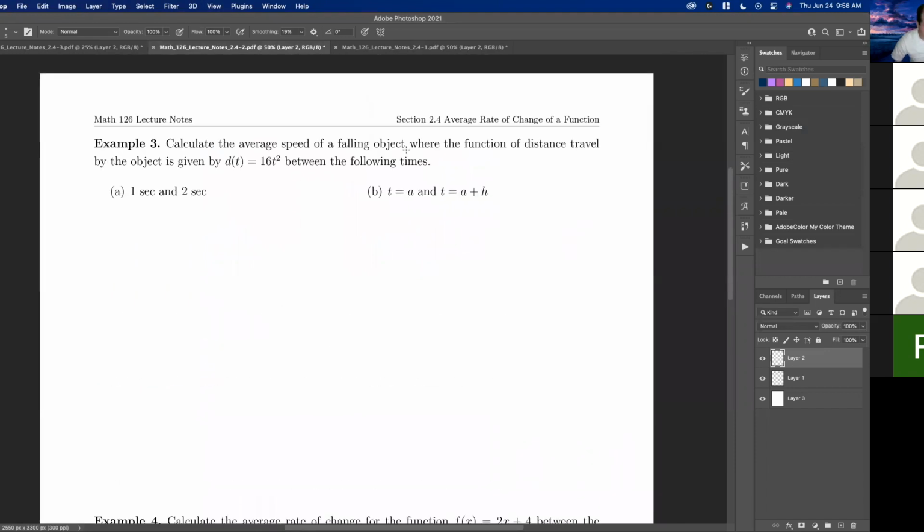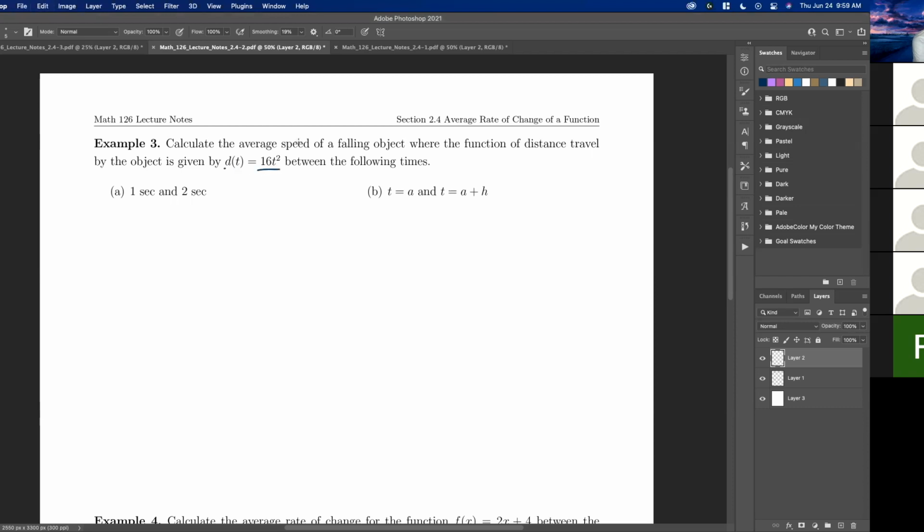All right, so here's almost a physics question. We're going to do average rate of change for 2 different situations, and then we're going to do another function. Here, the distance traveled by a falling object is given by this formula.